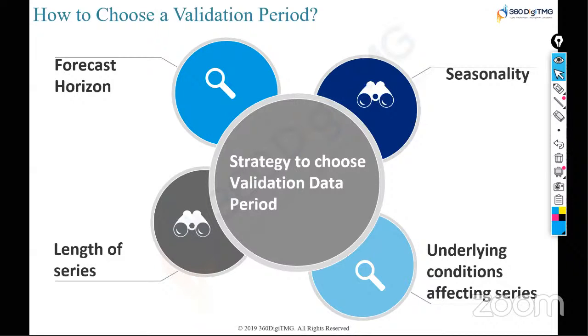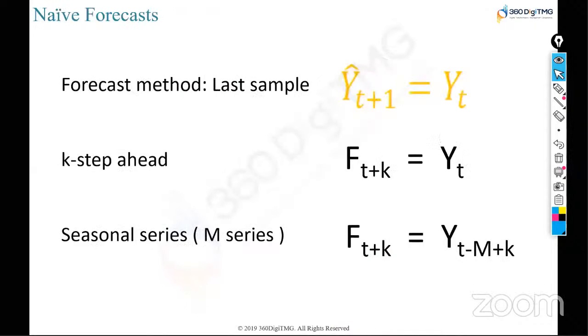You may want to have 20, 25, 30, even 50 or 60 values as your validation period. This is what is known as the validation period, and it is most essential. Only then will we be able to check whether it works.